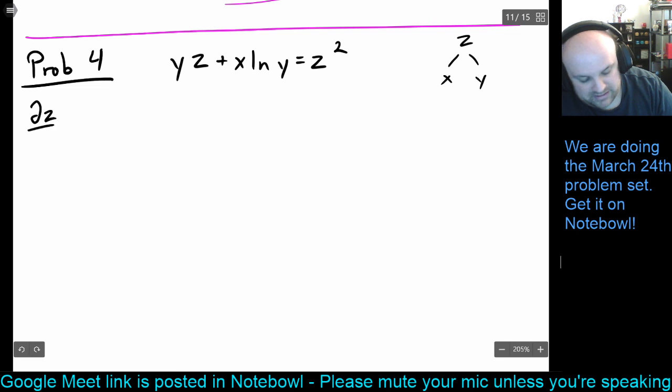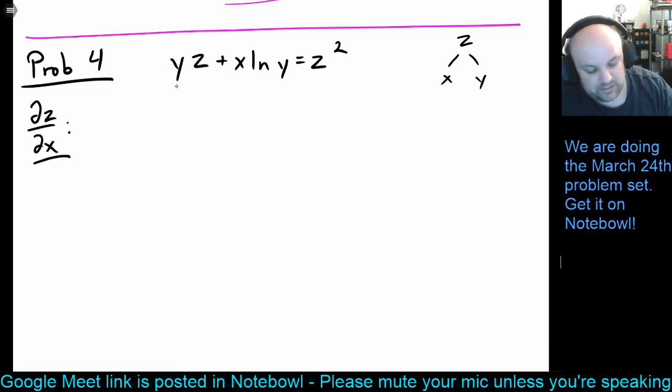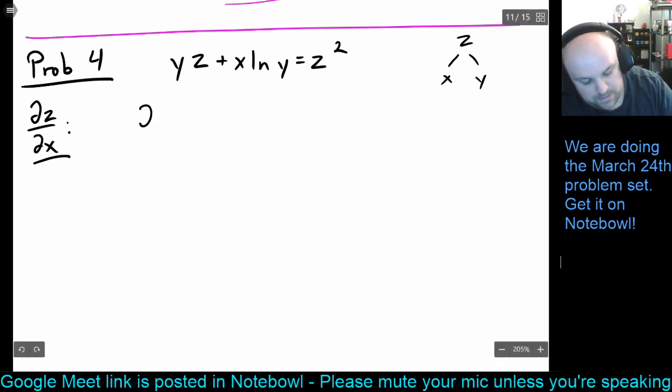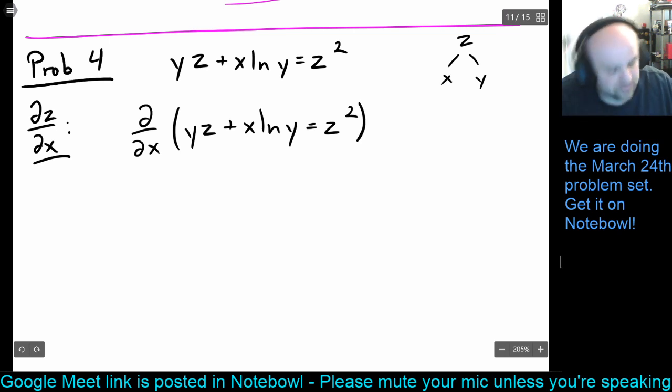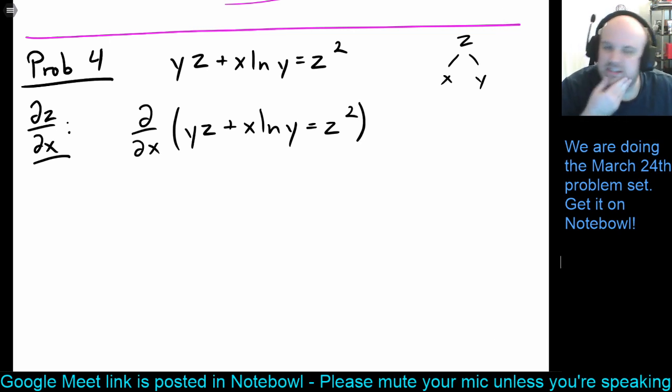So when you want to find dz/dx, we just take this equation right here and differentiate every piece of it with respect to x. It's a good idea to think about what parts of this actually get differentiated.